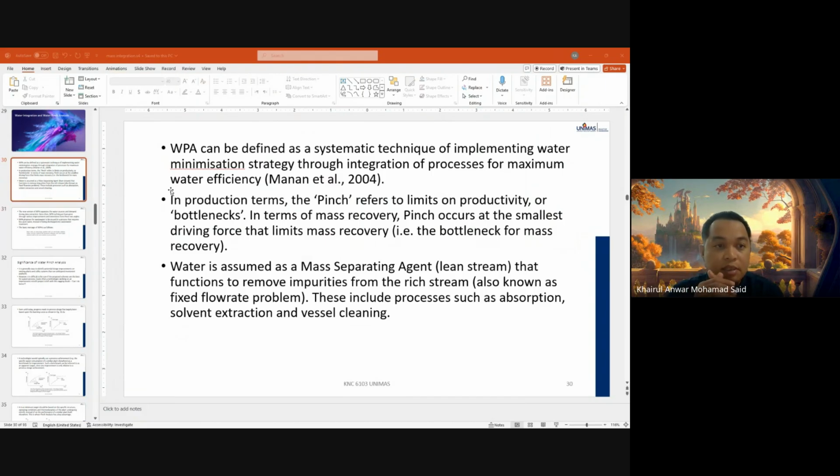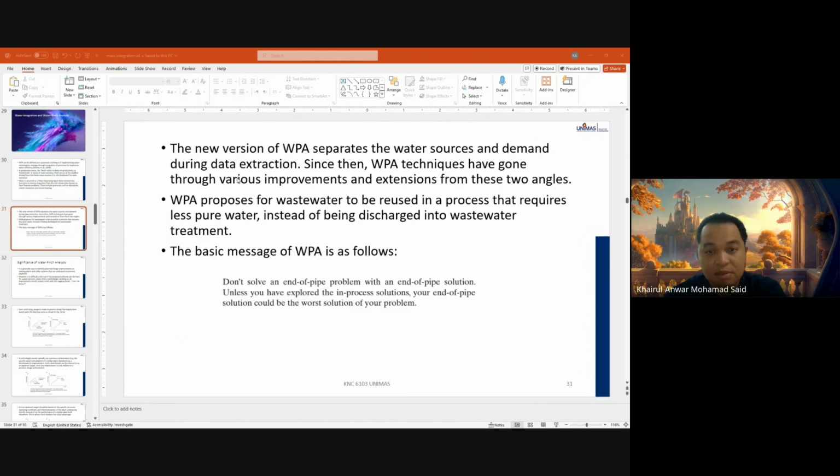Next is water integration and water pinch analysis. So, looking at this slide, before we dive into the water pinch, we have to address how industry usually sets water saving goals.